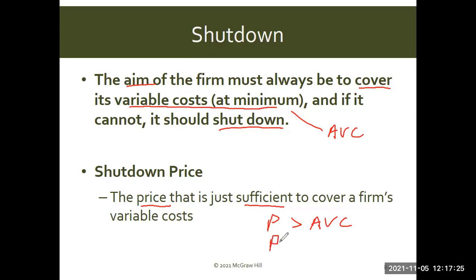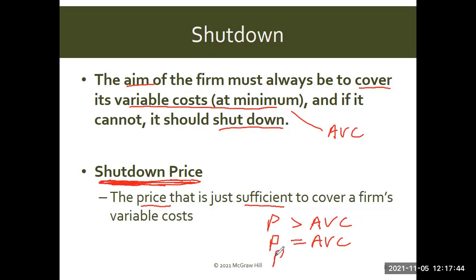But as soon as that price hits average variable cost, that's what we call a shutdown price. Then we have to make a decision. We're just covering our salaries by selling our product. So, okay, we can stay in business.